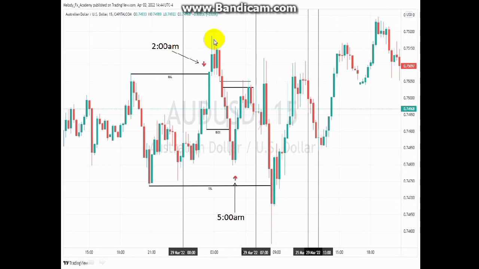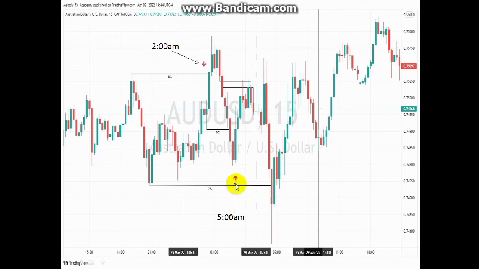Those that went short here would have had their stop loss down here. So this was the manipulation prior to New York session opening, and this is why we have this move upwards, taking out those that placed their stop loss right here. It attacked the buy side liquidity and dropped off.